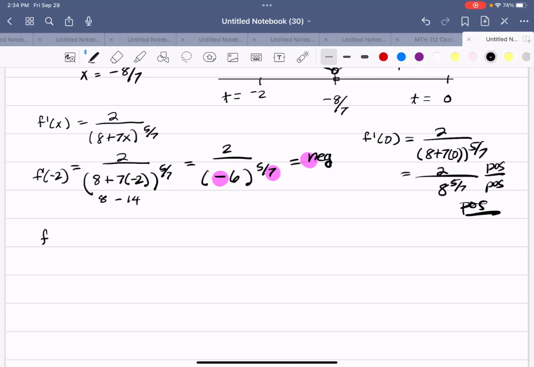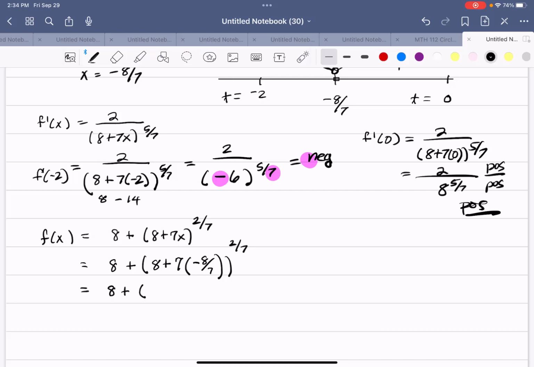And our original function, f of x, was 8 plus 7x to the 2/7. So I'm going to do 8 plus 7 times negative 8/7 to the 2/7 is going to give me 8 plus negative 8, and then these 7s, one on bottom, one on top, I'm going to divide out.